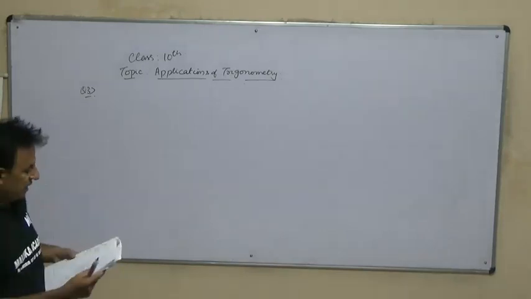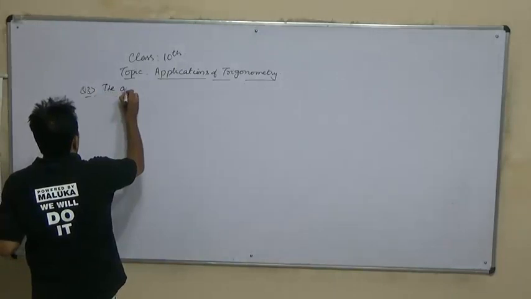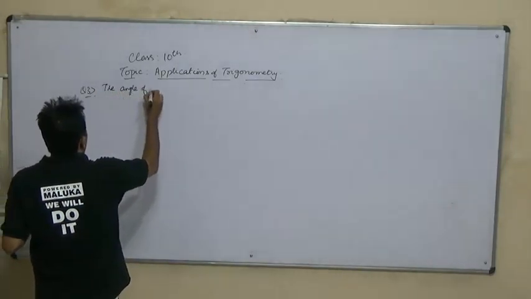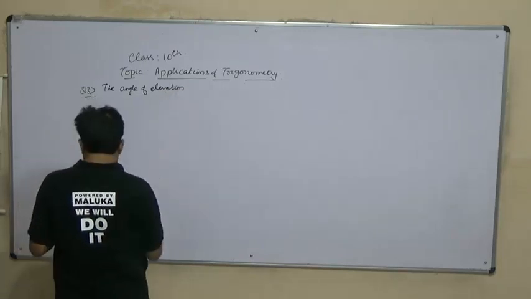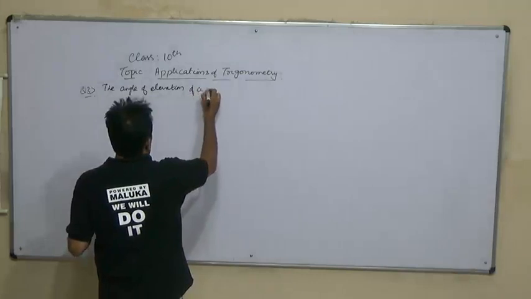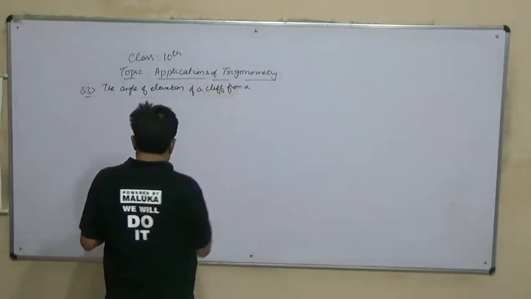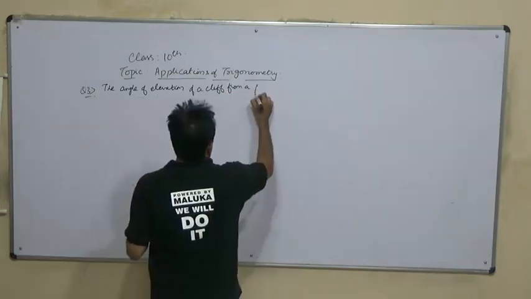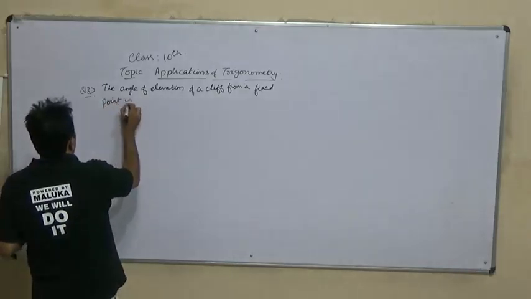The angle of elevation of a cliff from a fixed point is theta.